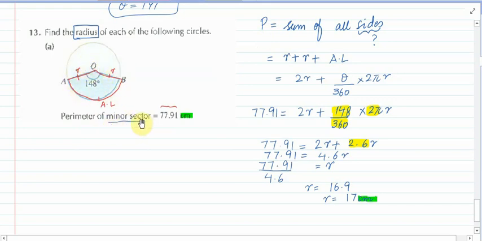It says minor, so I highlighted this one, the small one. If it says major, then I need to highlight the above portion that is unshaded right now, right? Because this one is major sector. Once you derive this equation, then you need to simplify for radius, right? Keep in mind that you need to add these two together and then the simple algebra, right?